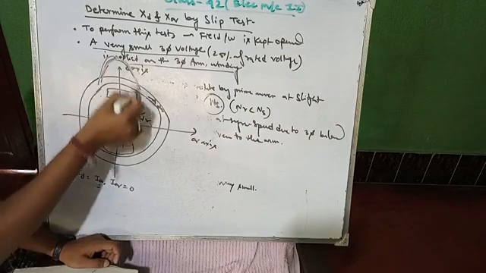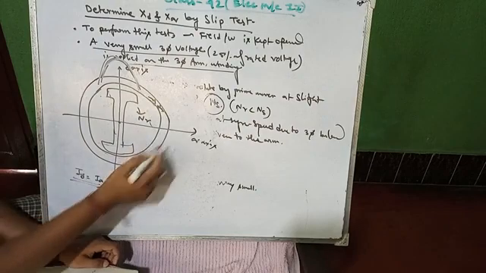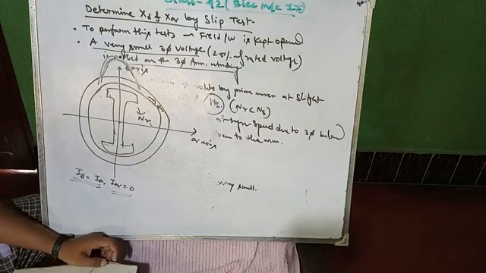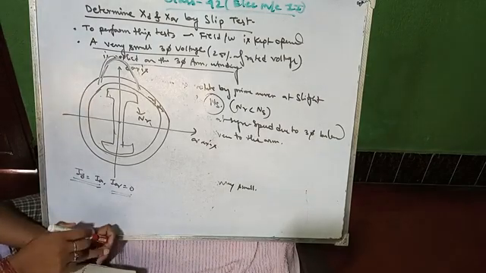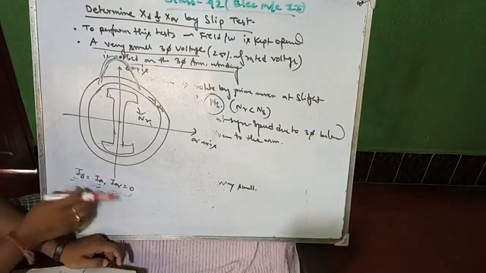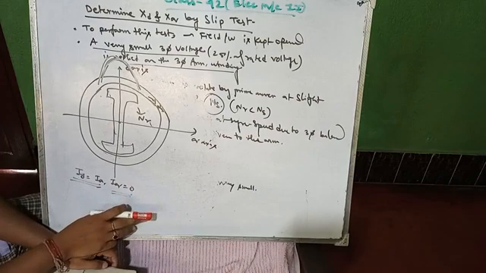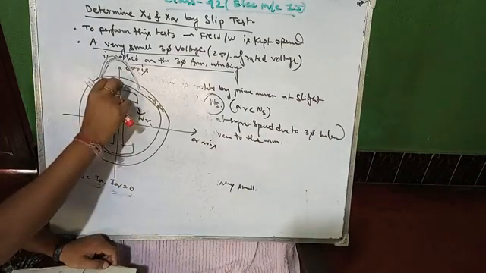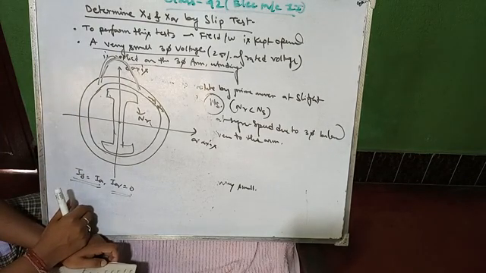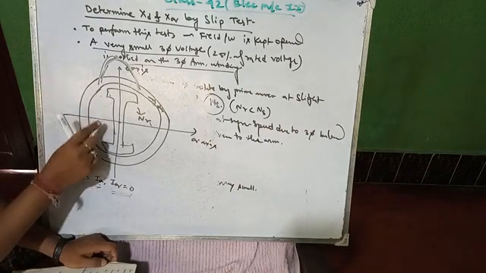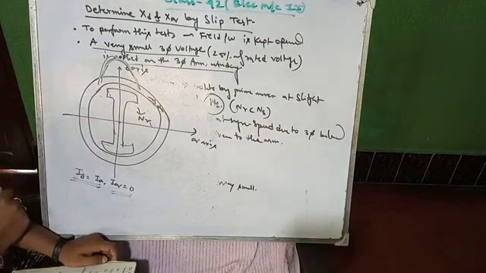At that situation minimum reluctance is encountered along the d axis, so the maximum armature flux can be produced.